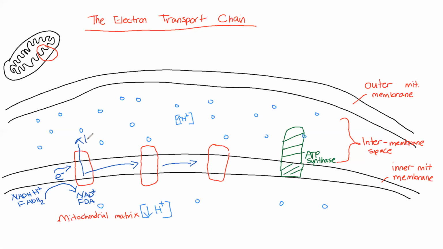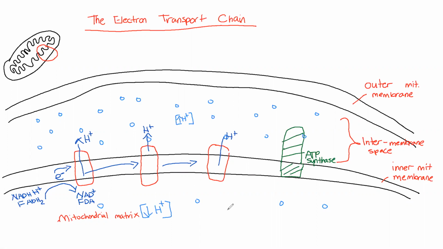So we've got these hydrogen ions that are being pumped each time we move electrons. And that is how we end up with this hydrogen ion gradient, where we have more hydrogen ions in the intermembrane space and less hydrogen ions down here in the matrix.